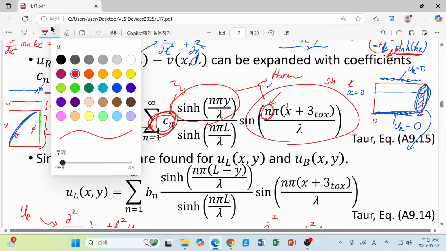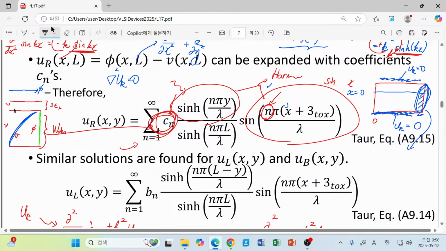Then maybe you can easily understand that on the interface side it is relatively small because the surface potential is increasing, and in this case this is a full solution, and this is the new boundary condition for our U sub R. Now U sub R looks like this.